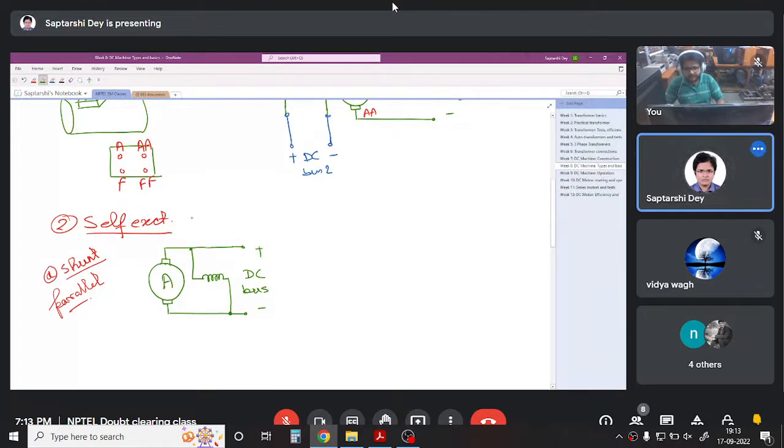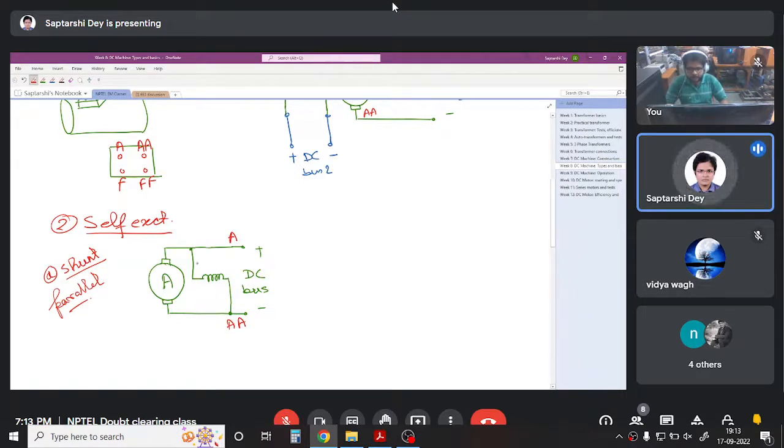Maybe they will name it something, whatever they might name it. Not necessarily there will be 4 terminals. Maybe in your laboratory machines there might be 4 terminals where you are intended to connect it in shunt, but this is what we mean by shunt excitation.